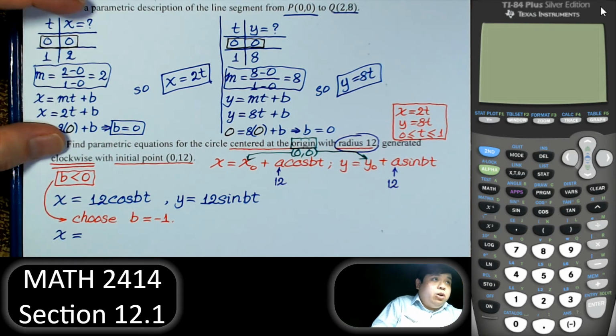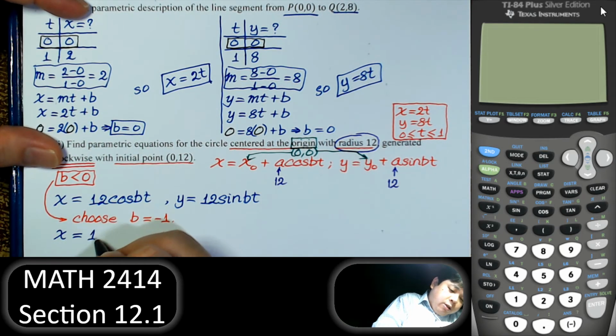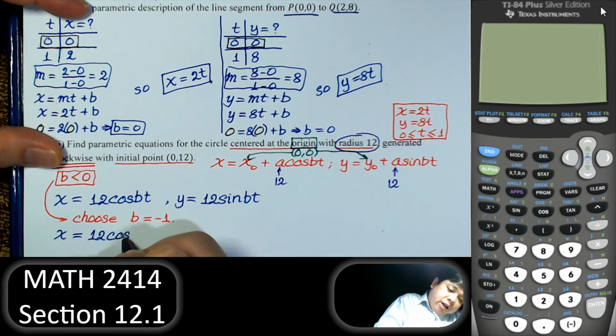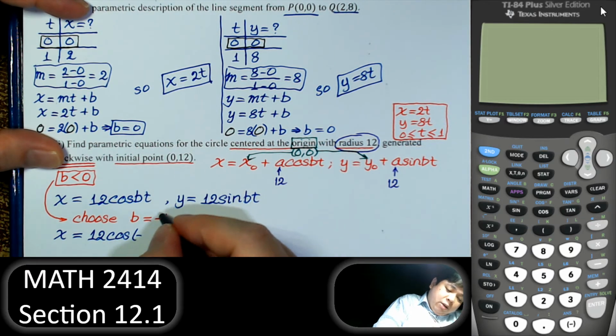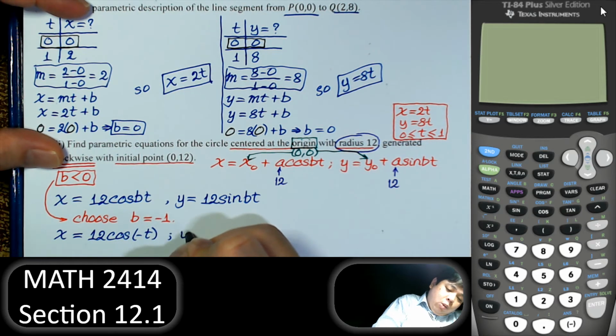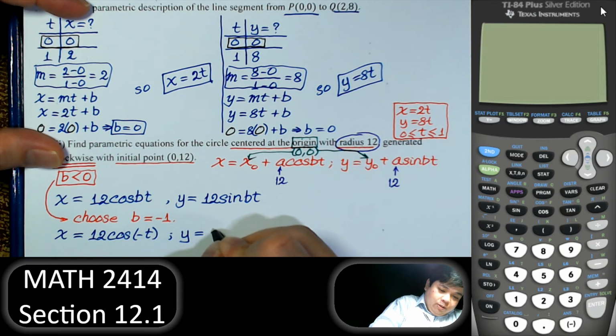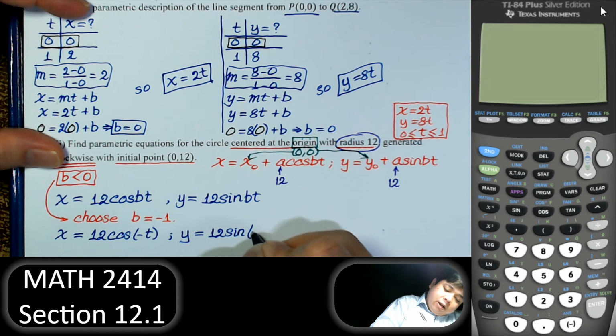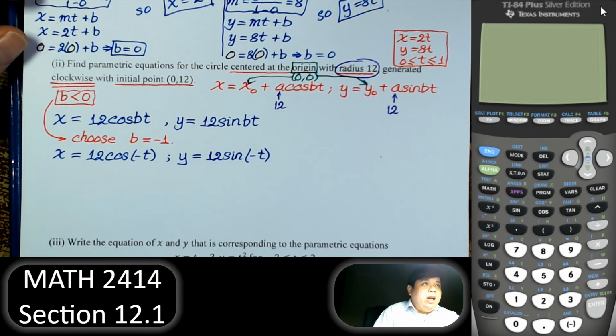So x equals 12 cosine of -t, where b is -1, and y is 12 sine of -t. Right, now the initial point.